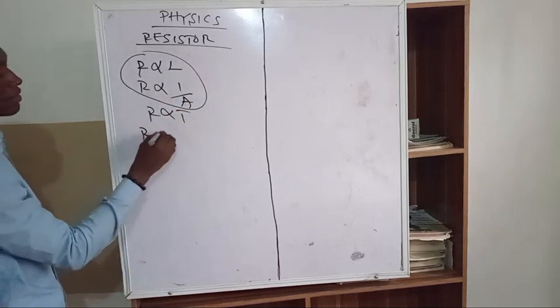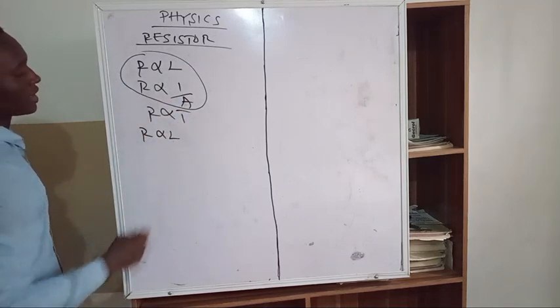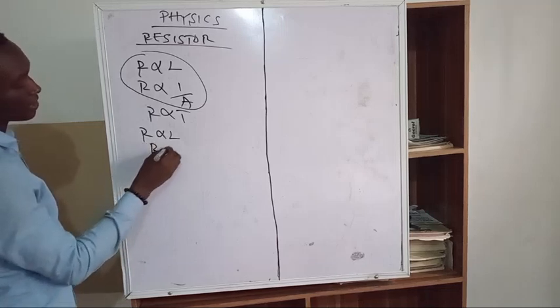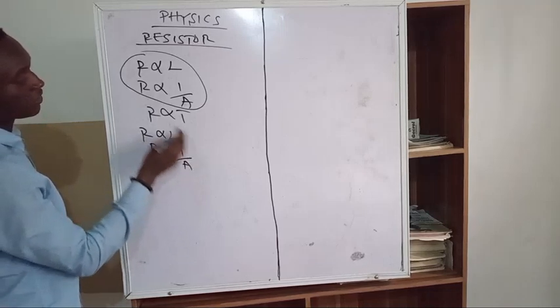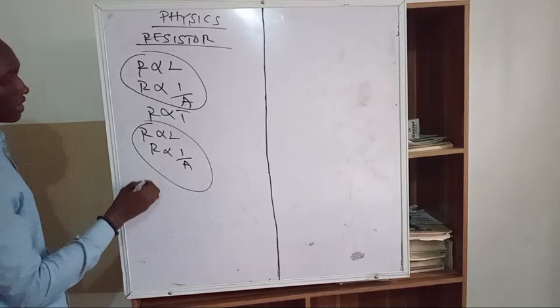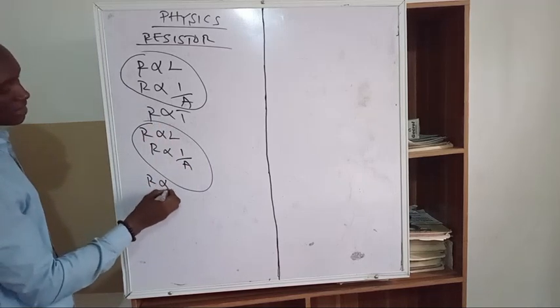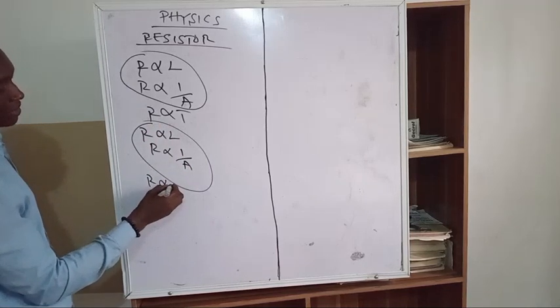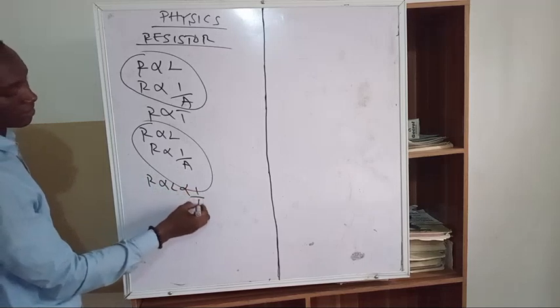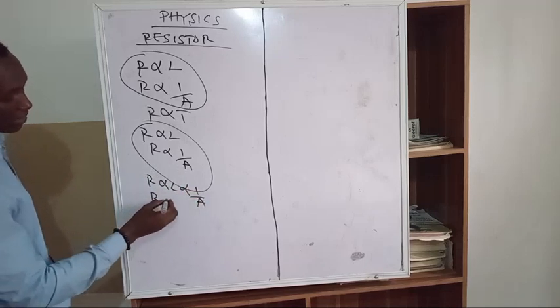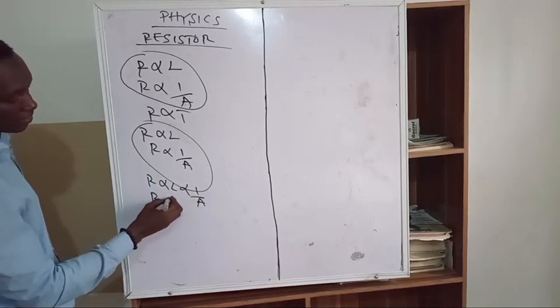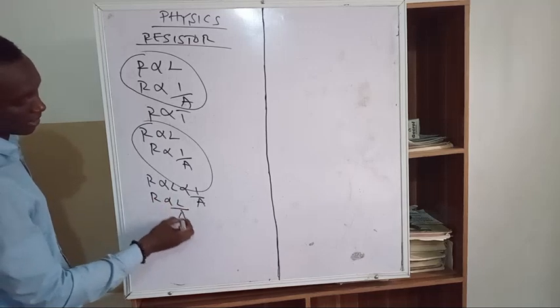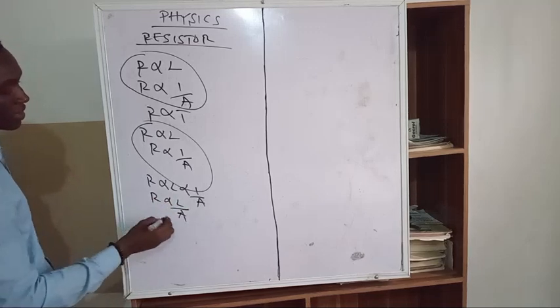Our R is directly proportional to length, and our R is also inversely proportional to the area. If you use joint variation to combine these together, you have resistance proportional to length and inversely proportional to the area. Then you have R proportional to L over A. So you introduce a constant.